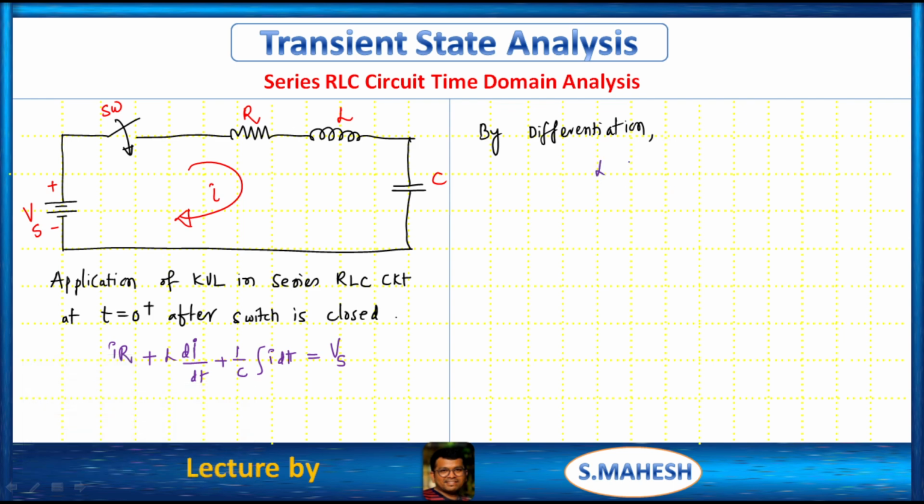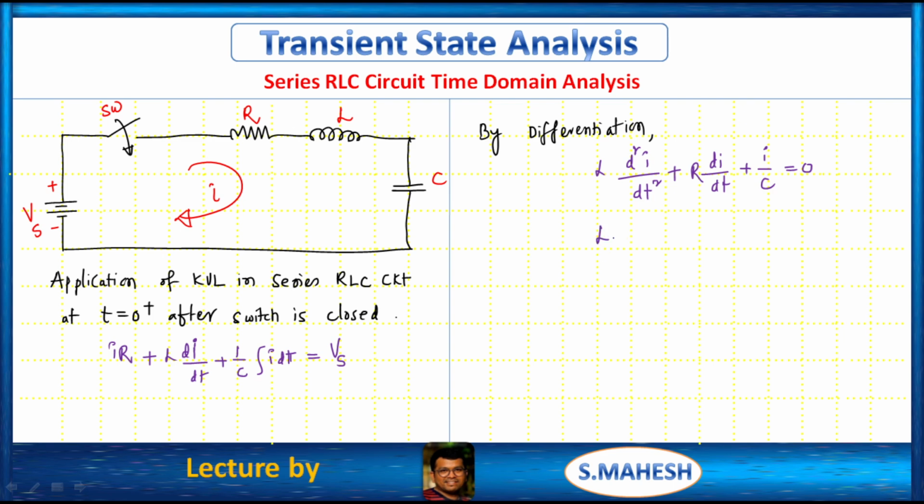Therefore L into d square I by dt square plus R into di by dt plus I by C, which is equals to 0, right? Let us say this is second order, right? See, d square I by dt square is nothing but second order.